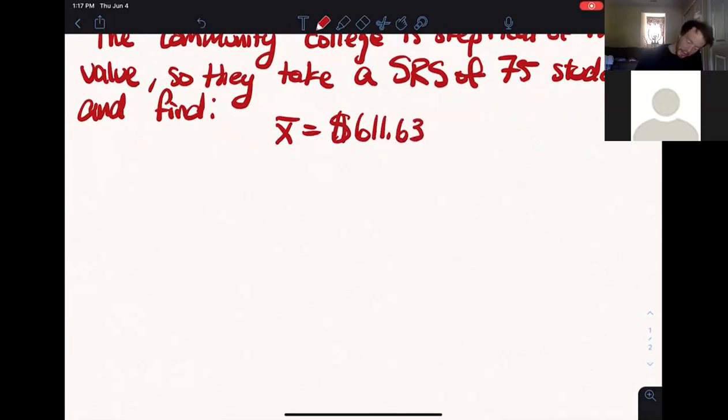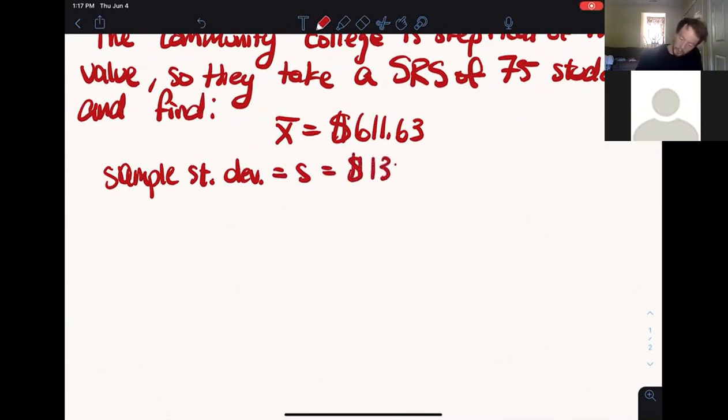They find the sample standard deviation, and this is going to be a new thing, so don't freak out. If you take the sample and plug everything into that standard deviation formula that we went over at the beginning of the semester, the sample standard deviation, which we often denote as S, they found it to be 132.85.